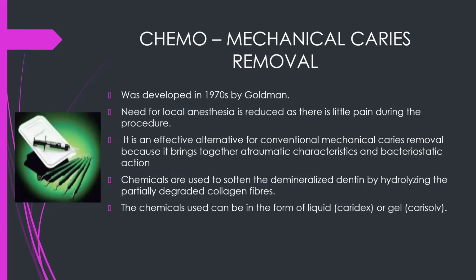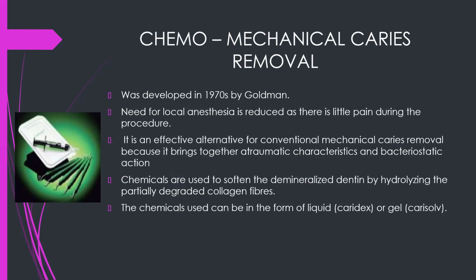It was developed initially by Goldman, and you are using a chemical which attaches to denatured collagen, and this softens the demineralized dentin. Once the softened dentin is sufficiently emulsified by the chemical agent, you can use hand instruments such as a spoon excavator to remove the caries.